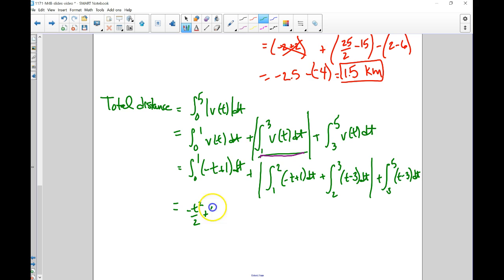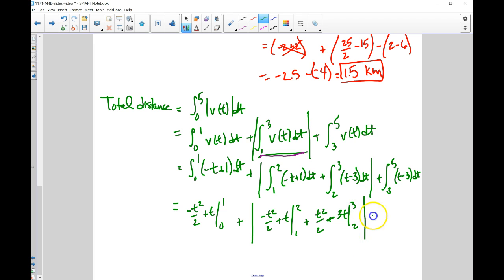Negative t squared over 2 plus t evaluated at 0 and 1 plus, and then this is the absolute value of this whole thing, so it'll be negative t squared over 2 plus t evaluated at 1 and 2 plus, and t squared over 2 minus 3t evaluated at 2 and 3, all absolute values, and plus t squared over 2 minus 3t evaluated at 3 and 5.